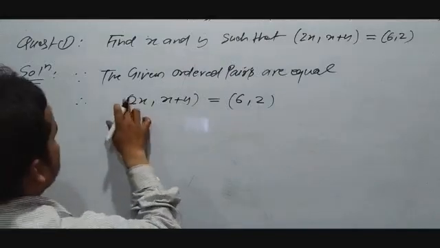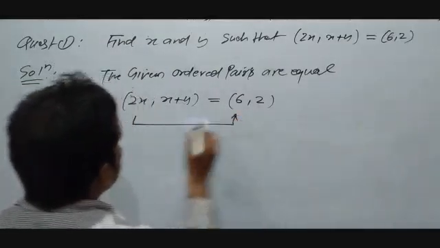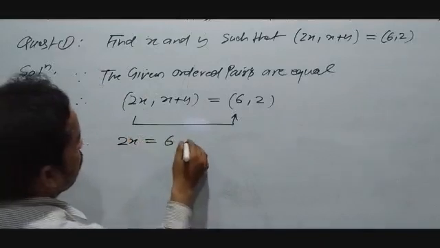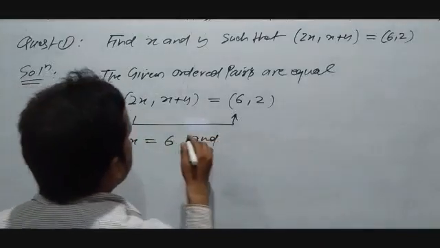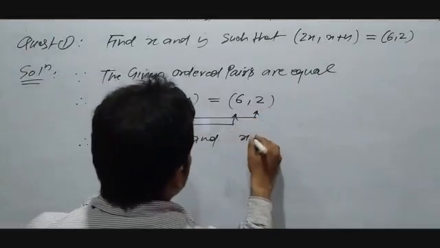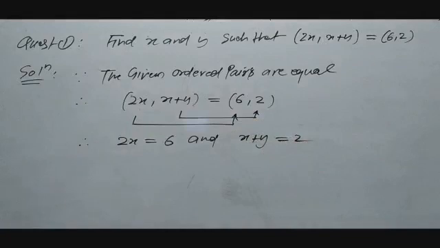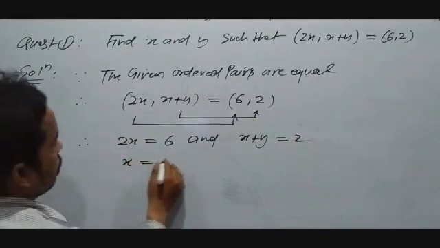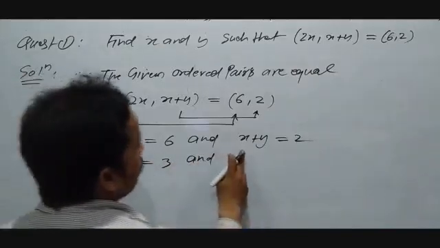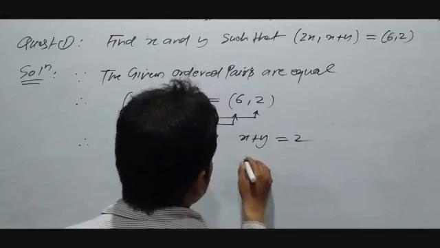Now these ordered pairs are equal, therefore 2x will be equal to 6, and x + y will be equal to 2. Now this implies x is equal to 3, and after putting the value of x as 3, you will get y is equal to minus 1.